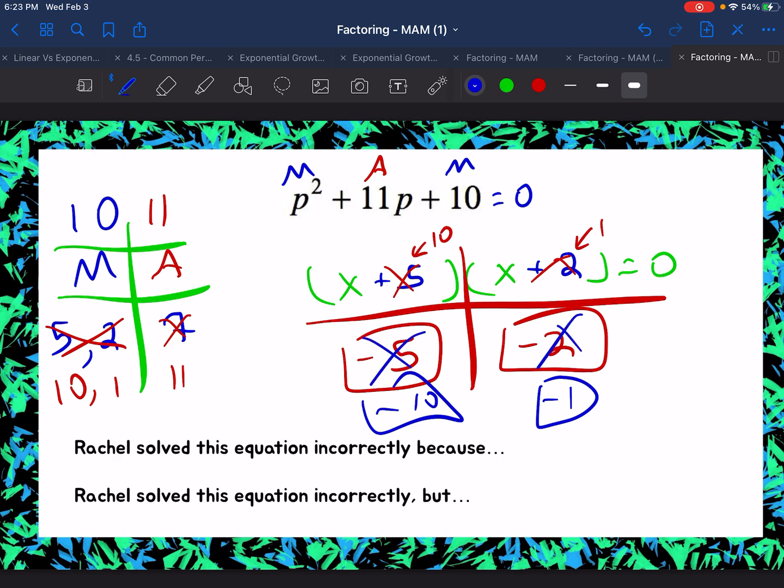So I solved this question incorrectly, but I did actually use the inverse operation correctly, and I knew which numbers I was multiplying and adding to. So I had some maybe partial credit going on there.